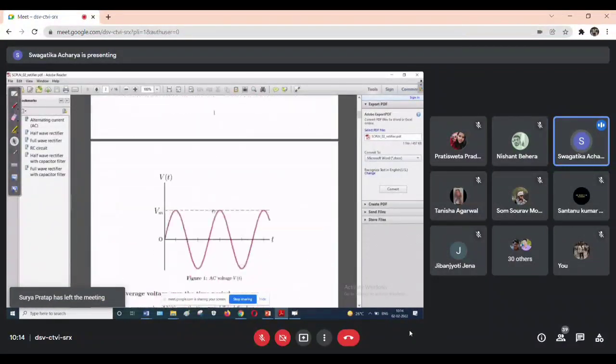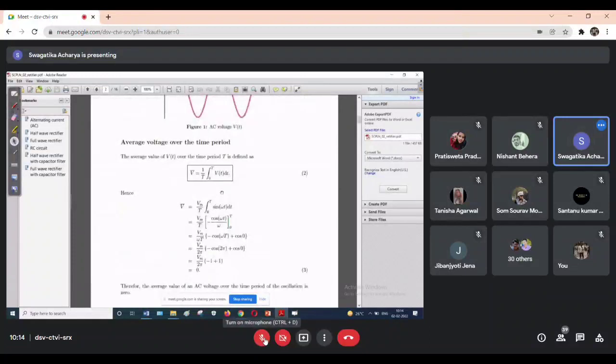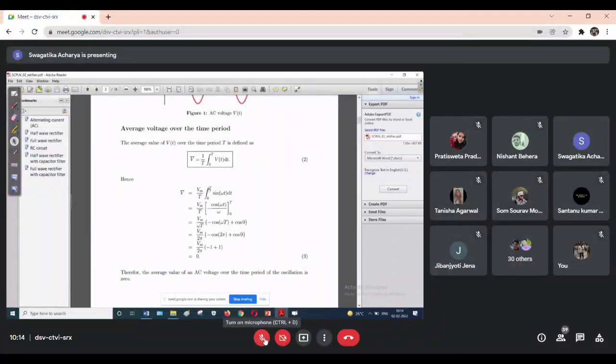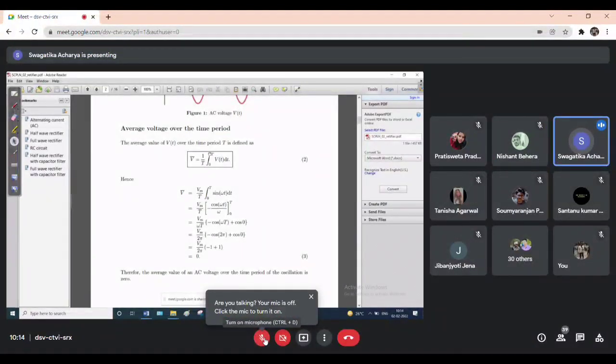If I go for the average, basic mathematics, whenever you are taking the average value, you will take the integration. Yes or no? So V average will be 1 by T integration, limit 0 to 2 pi.